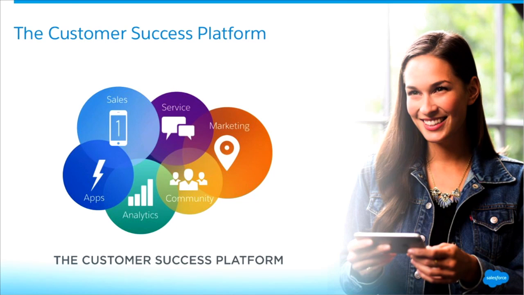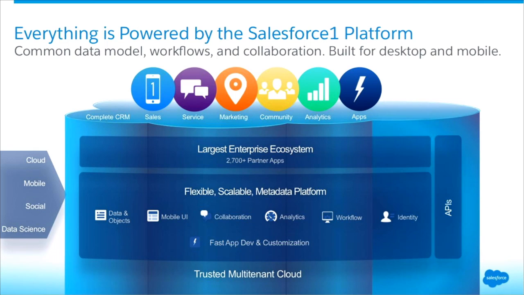So for those of you who are Salesforce customers or those of you who are new, Salesforce offers a wide range of technology. Our core CRM products for sales and service, marketing as well. We've got separate applications for community and analytics. But we also have a tool for building custom applications, and we call that tool the Salesforce One Platform. And inside the Salesforce One Platform, we have a whole breadth of technology and tools specific for fast app development and app customization.